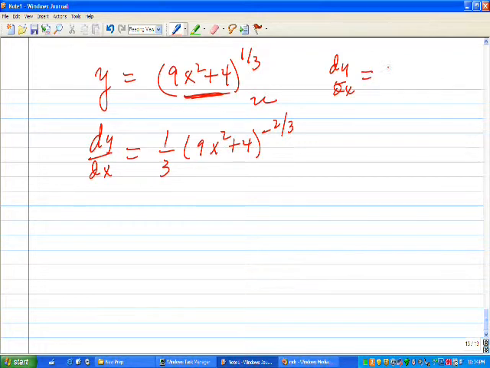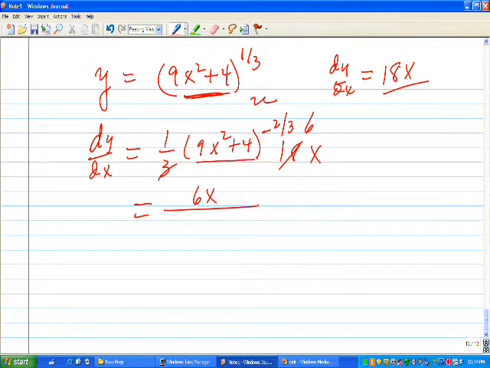In fact, you don't have to really write all this down, but du/dx will be 18x. And simplifying this will give you 6x, and bringing the term down to the bottom and changing its exponent to a positive number, we get 9x squared plus 4 to the 2/3 power.